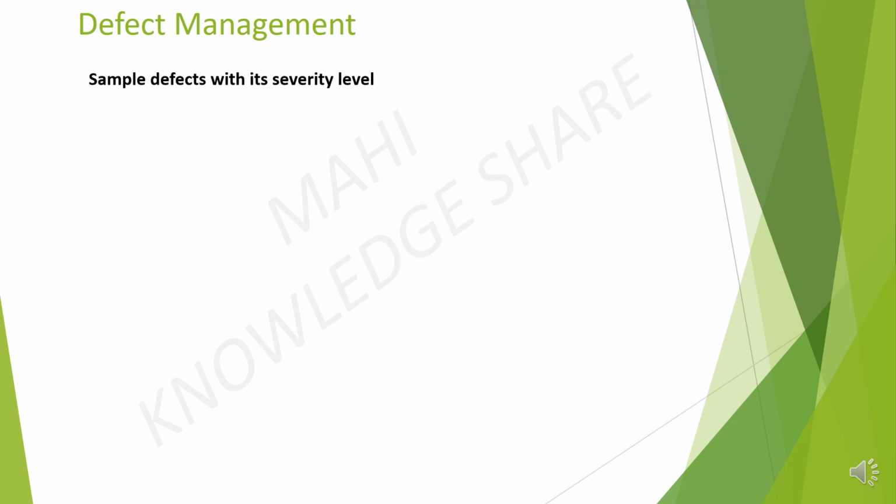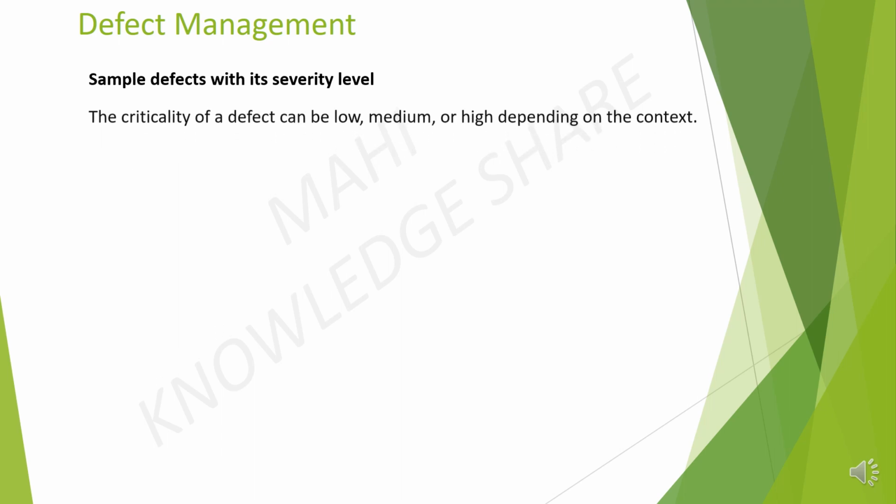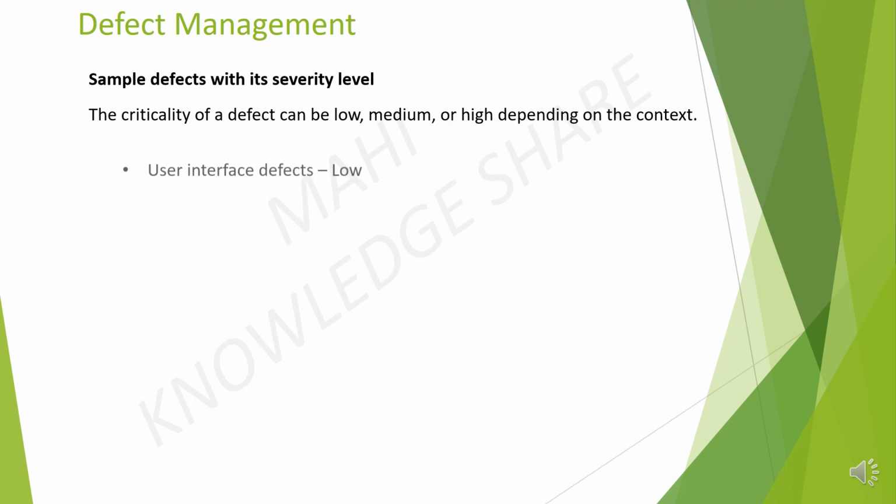Sample defects with its severity level. The criticality of a defect can be low, medium or high depending on the context. For example, user interface defects will be categorized as low severity.